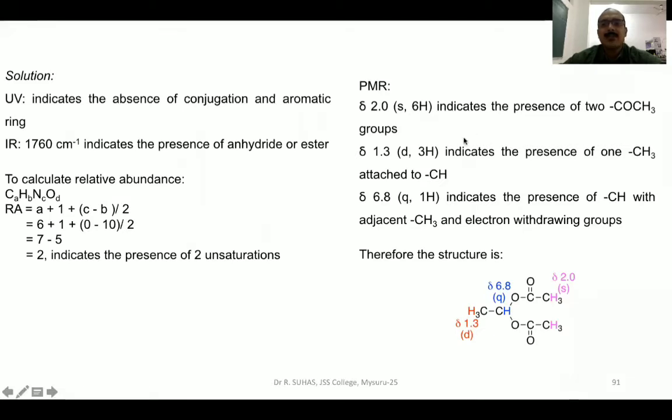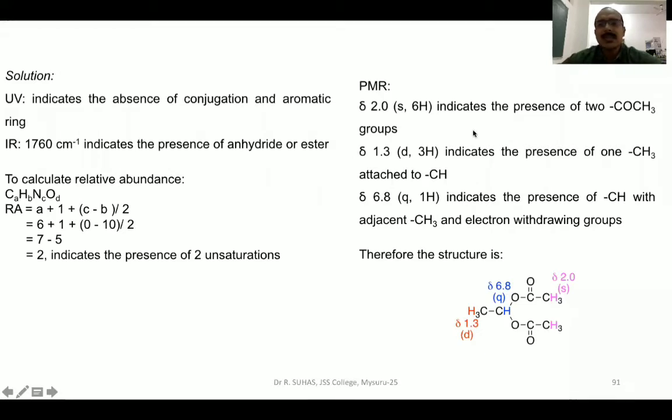We will see what it is. 1.3 doublet 3H indicates another methyl group, but it should be attached to CH because it is showing a doublet. Another one, delta 6.8 quartet 1H, indicates the presence of CH with an adjacent CH3 group. So these two must be adjacent to each other.